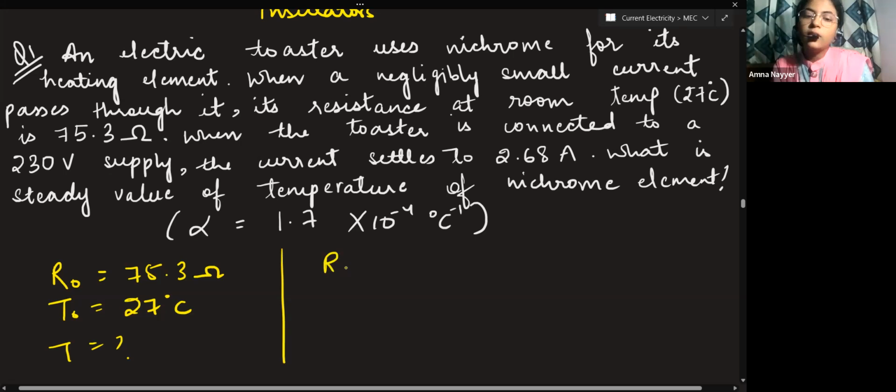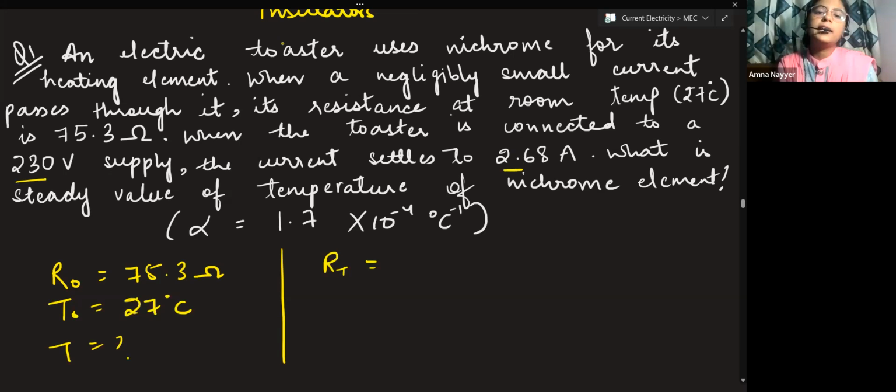But RT is given. No, RT is not given. You can calculate RT with the help of V and I. So who is going to tell this? What resistance is coming among these? Hamza, you tell what resistance is coming.